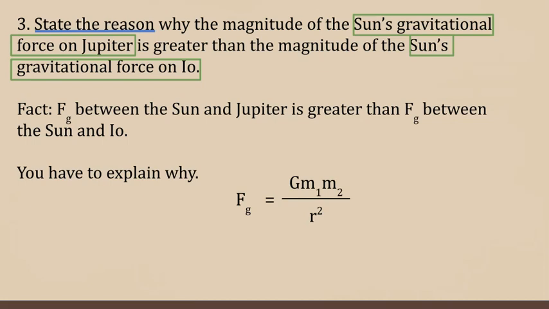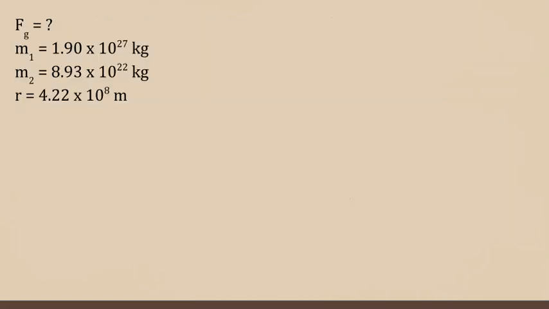If I go back to where I listed my variables in the beginning of question 1, I see that the mass of Jupiter, m1, is times 10 to the 27, but the mass of Io is only times 10 to the 22. That's a difference of 10 to the 5. That's a really big difference. The mass of Jupiter is 10 to the 5 times greater compared to the mass of Io. So that's a really, really big difference.